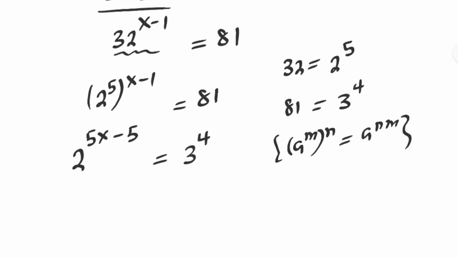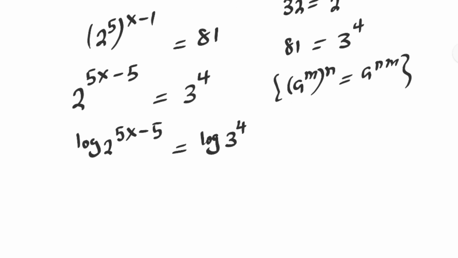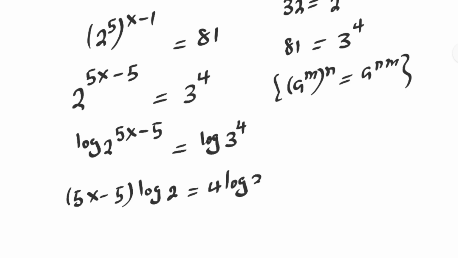Now let us take the log on both sides of this equation. Log 2 raised to power 5x minus 5 is equal to log 3 raised to power 4. Then this is (5x minus 5) log 2 is equal to 4 log 3.